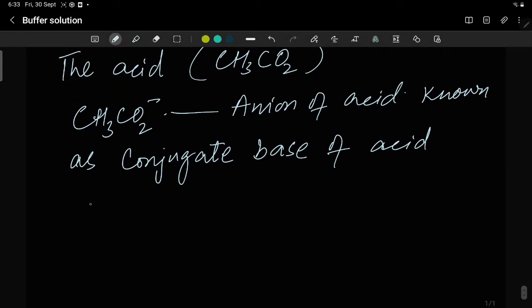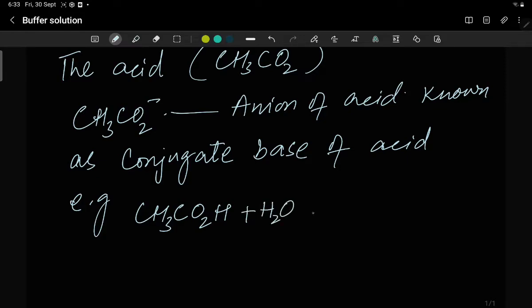For example, CH3CO2H, ethanoic acid, when dissolved in water forms CH3CO2 negative plus hydronium ion.